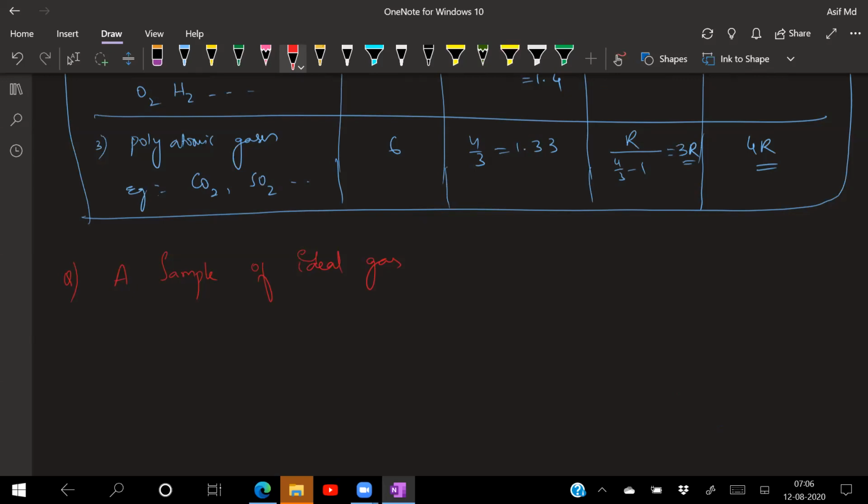So a sample of an ideal gas, gamma value is equal to 1.4, is heated at constant pressure.